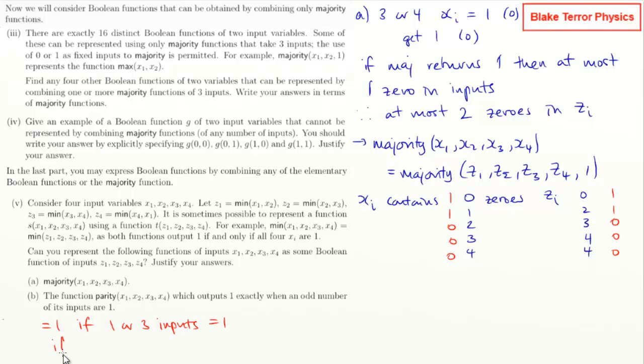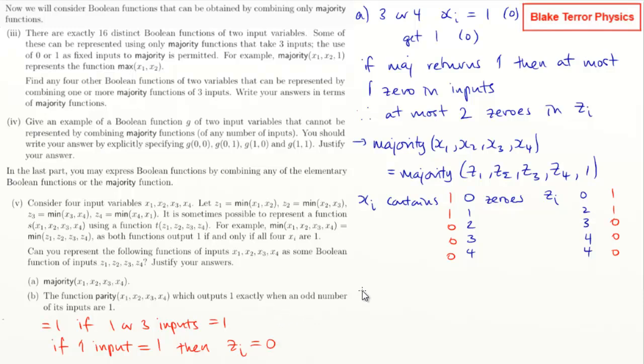If one input equals 1, then the z_i are all going to be equal to 0. Well, that's going to cause a problem straight away, because that's going to be indistinguishable from having all of them equal to 0. Yeah, okay, so let's say that then.